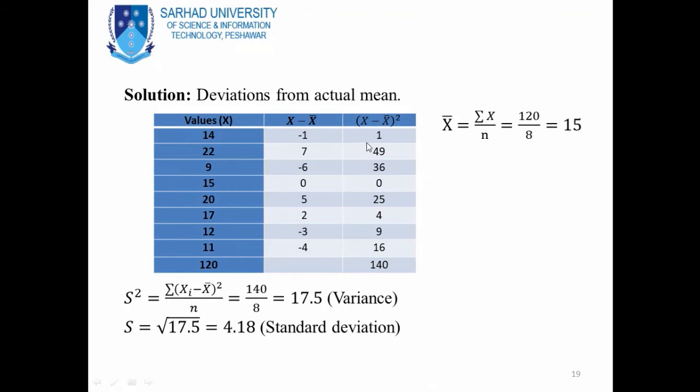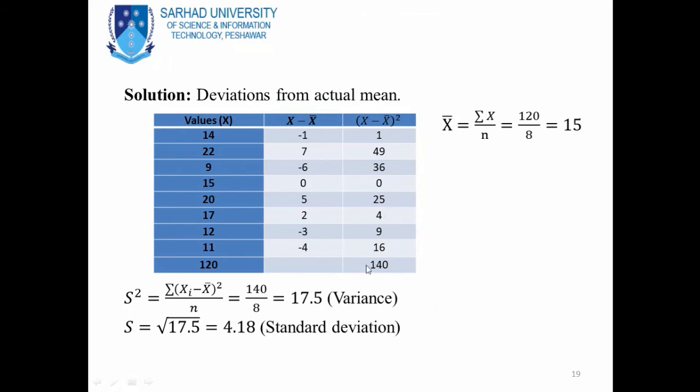Now subtract the mean from each term and ignore the negative sign. But since we take the square here, if we don't ignore the negative sign, by squaring, the negative sign will definitely change into positive. So x minus x bar, then (xi minus x bar) whole square, you see over here, obtain this column.